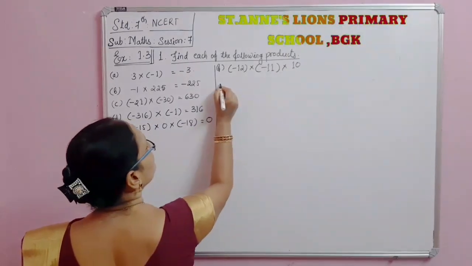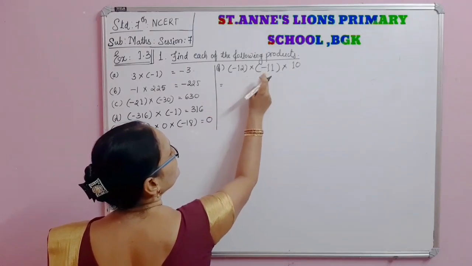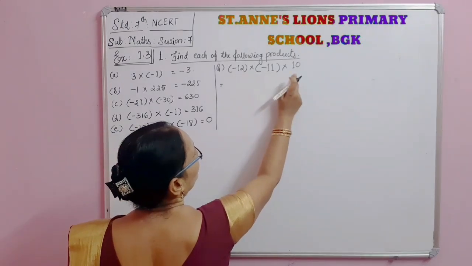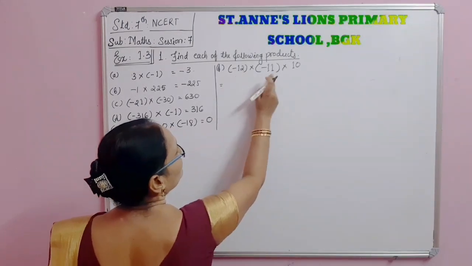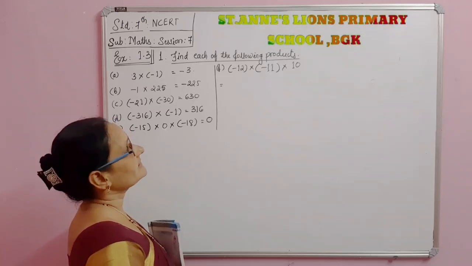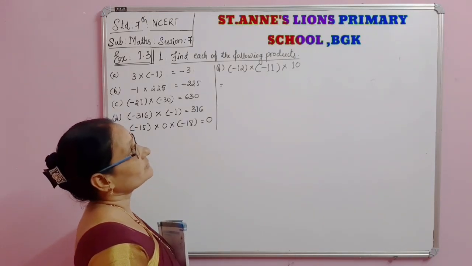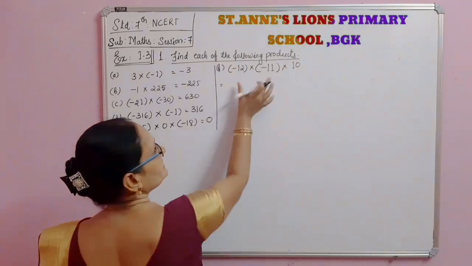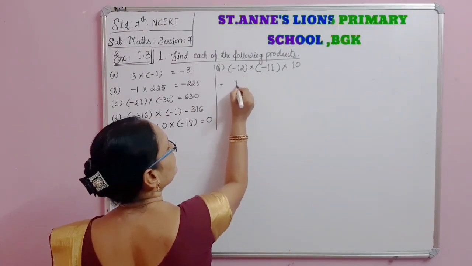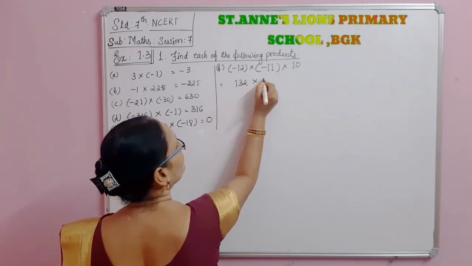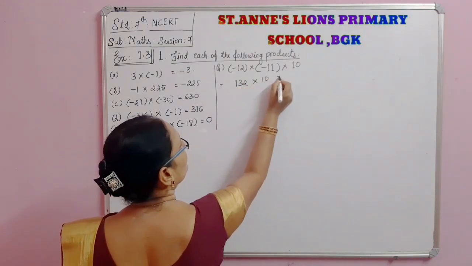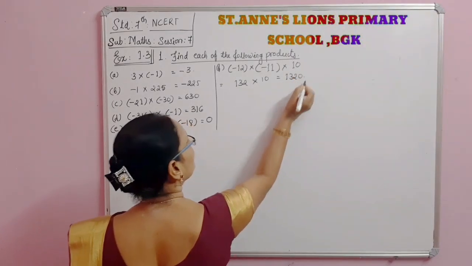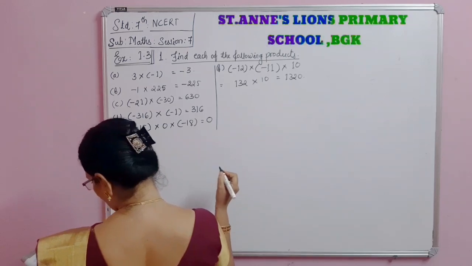See here, first the sign: minus into minus is plus. 12 tens are 120, or 12 11s you have to multiply. 12 2s are 24, 12 1s are 12, so it is 132. Better we can write here: 132 into 10 is equal to 1320, the answer.